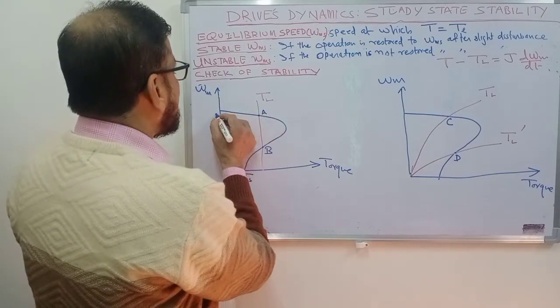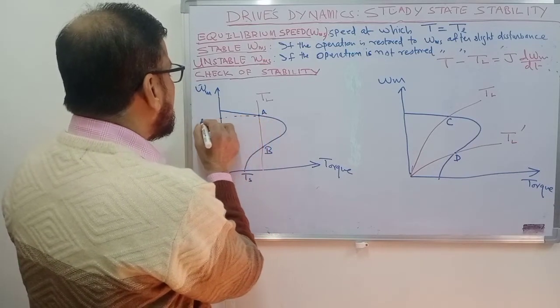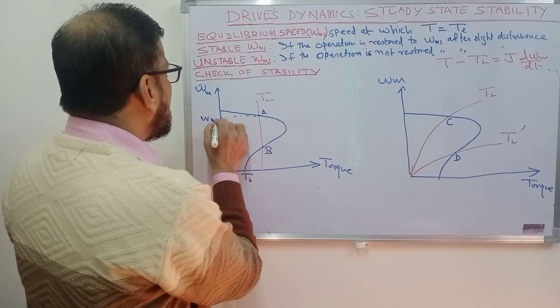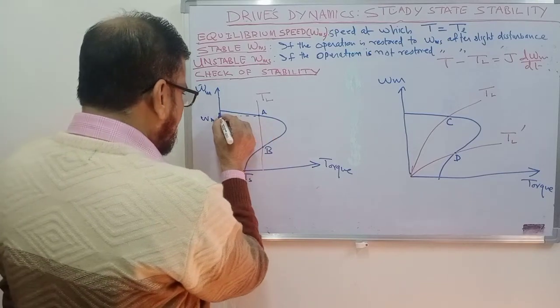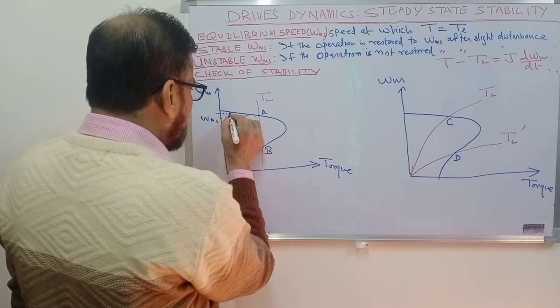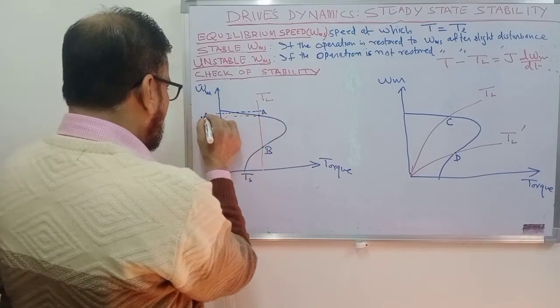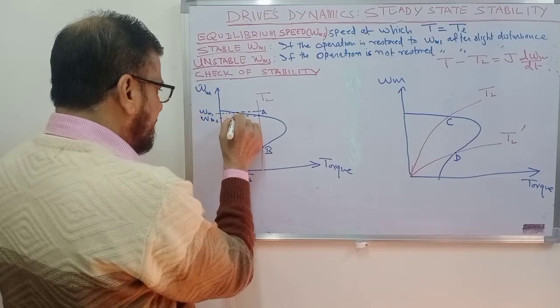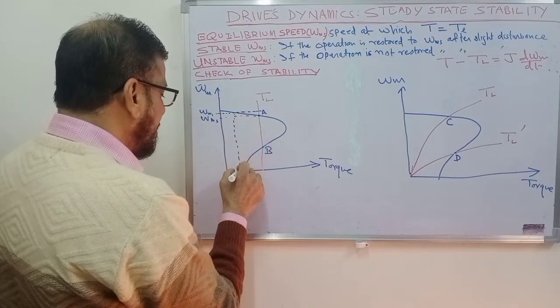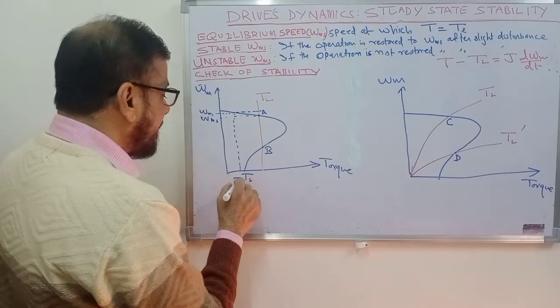You increase the speed slightly. So this is the steady state speed, equilibrium speed. We increase the speed slightly and see what happens. Increase the speed to omega m1. This causes motor torque to become equal to T1.